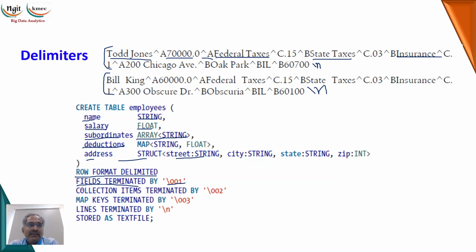It represents the cap A. Collection items terminated by \002, which represents cap B, and keys terminated by \003. It represents the cap C, and lines terminated by this and stored as the text file. So in this way, we can use the delimiters to create the tables.